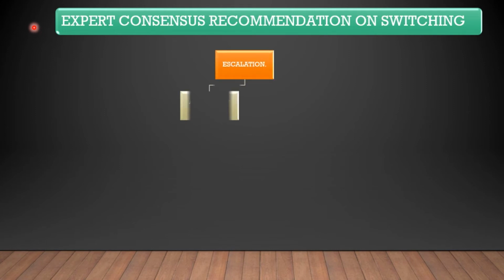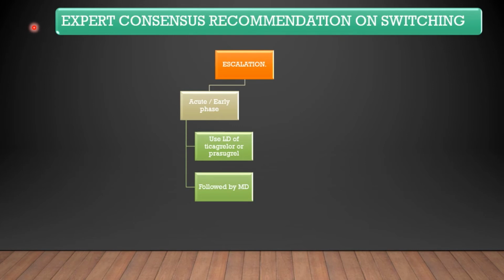So, escalation in the acute or early phase is done with the use of a loading dose of ticagrelor or prasugrel. That is, within the first month, if a patient needs escalation, you should give a loading dose of ticagrelor or prasugrel followed by a maintenance dose.